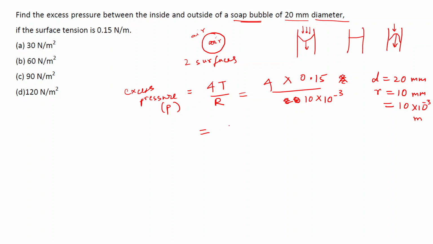This will be 0.06 times, this will come to the numerator, means 10 to the power 3. Removing this power, we will get 60 Newton per meter square. 60 Newton per meter square is the correct answer here.